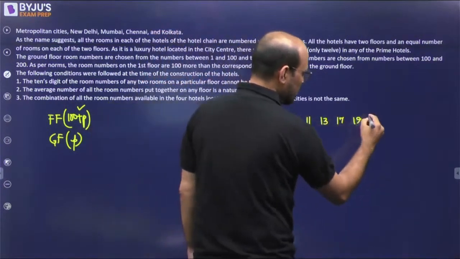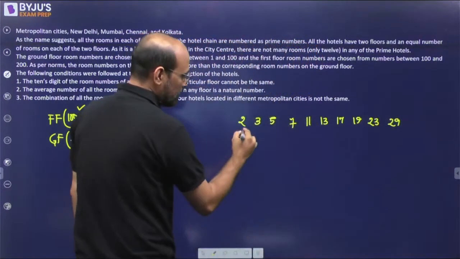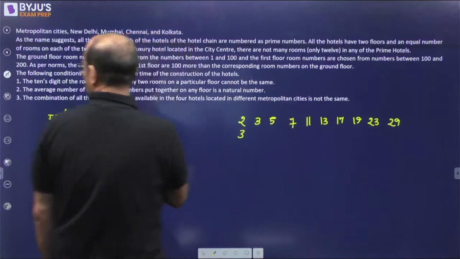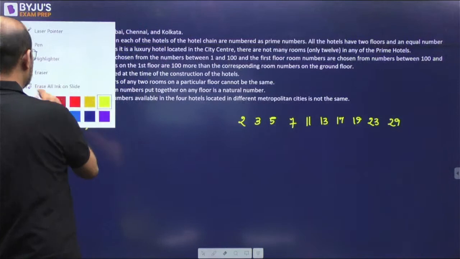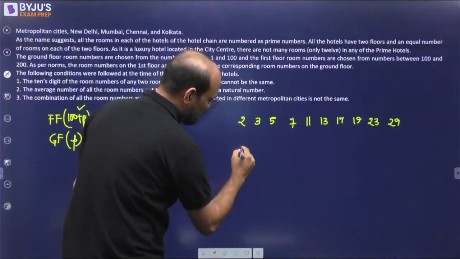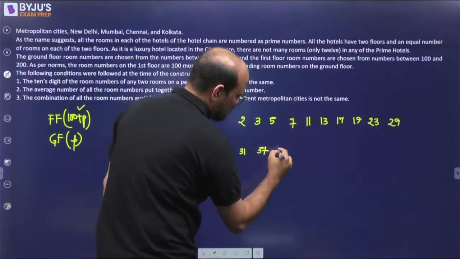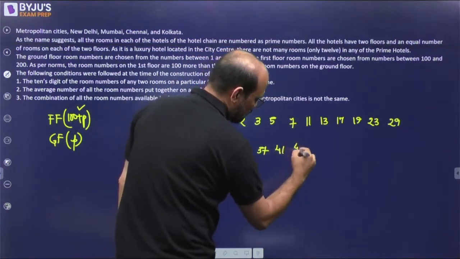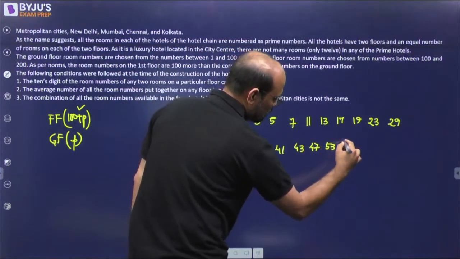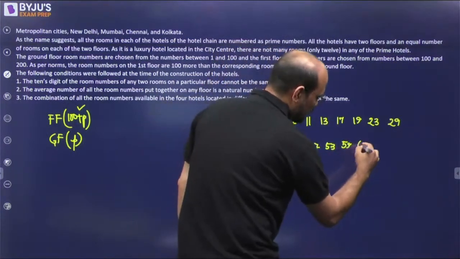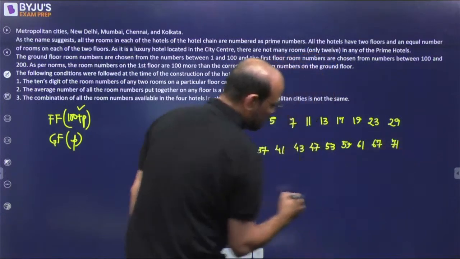Then we will have 23, then we will have 29. Then let's write it below because we need 100 more than these as well. Then we will have 31, we will have 37, then we will have 41, we will have 43, next prime number is 47, next number is 53, next prime number is 59, then we have 61, then we have 67, and then we have 71.